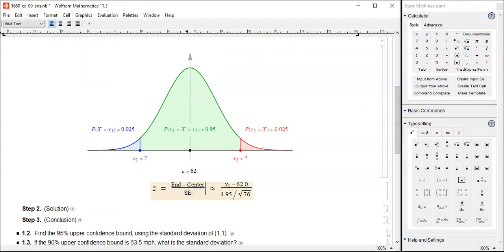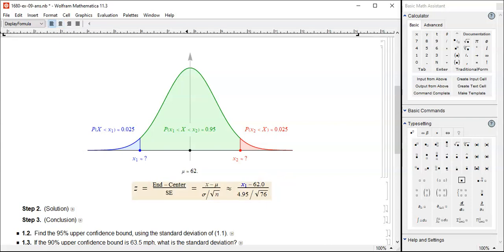As a matter of fact, let me take one more step: x minus mu over sigma over square root of n. Let's keep it like that. Then x1 is the quantity we don't know and we have to find out.